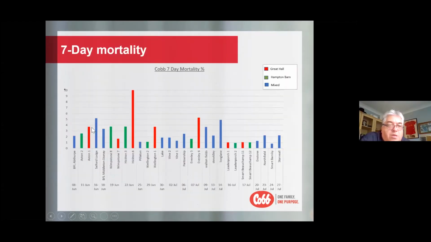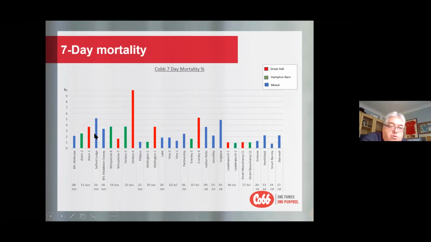And when you look at the 7-day mortalities, and okay, there are some kind of horror pictures in here, but that's not all down to the hatchery. We can see a nice trend here now where we're below 1% on these flocks on 7-day mortality.